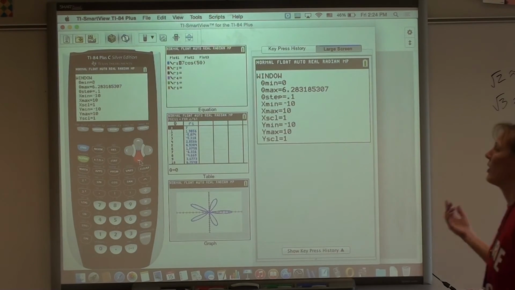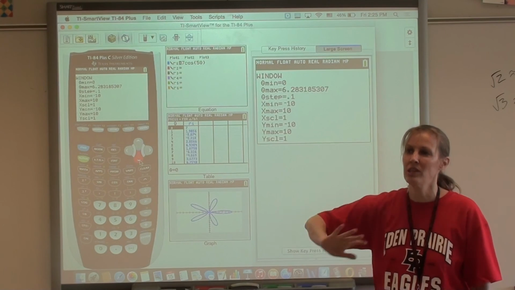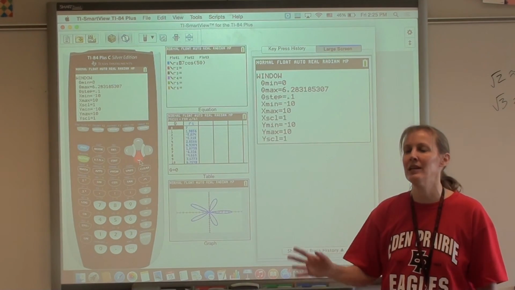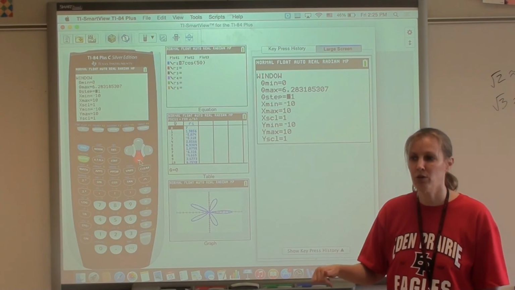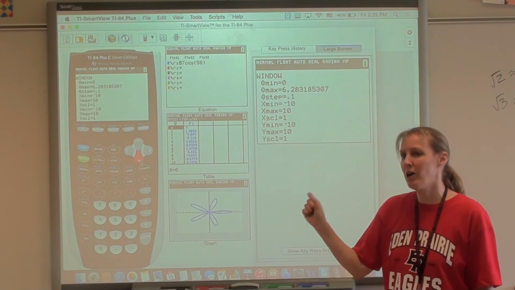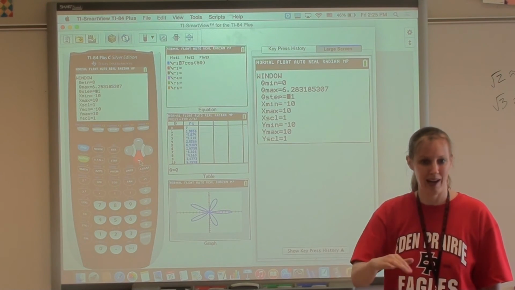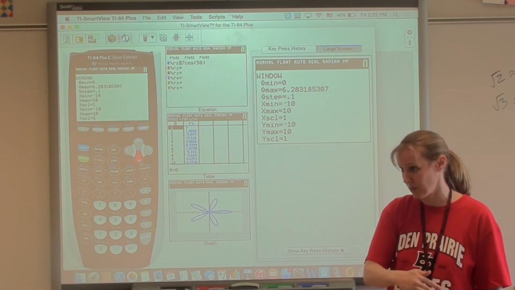When the calculator graphs parametric and polar, it's not using the equation and intuitively graphing. It's literally plotting points and connecting dots. So with that t value in parametric, the smaller the t was, the smoother the graph we got. If it was a really big t, we'd get these disjointed lines, right?